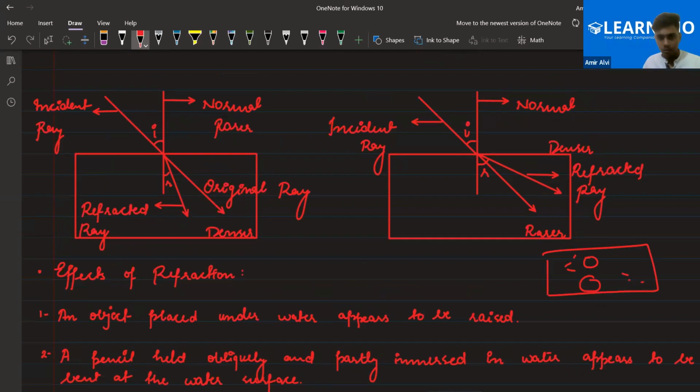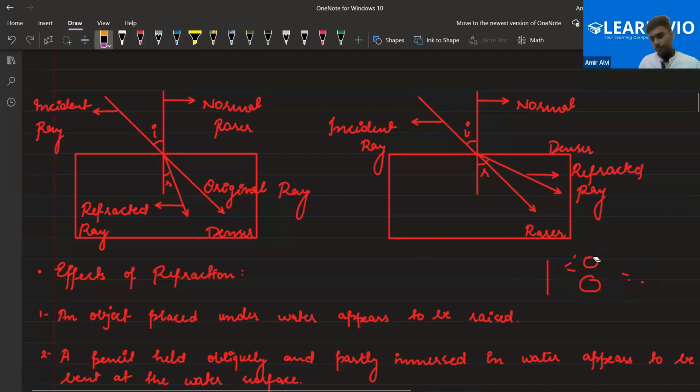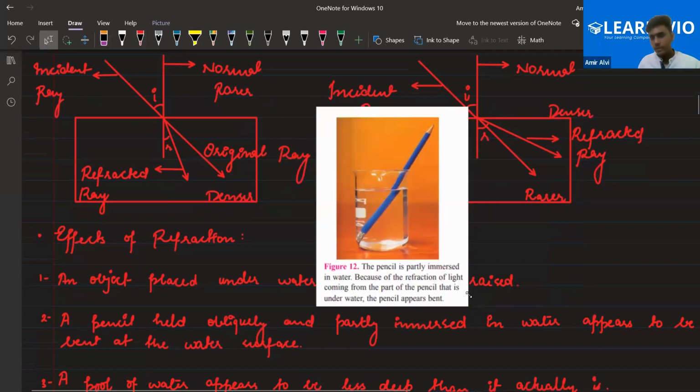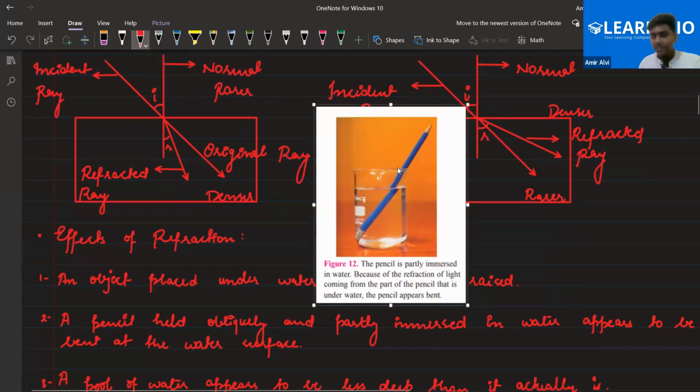Let me show you an example, I have a picture. So you can see a pencil in the glass of water.